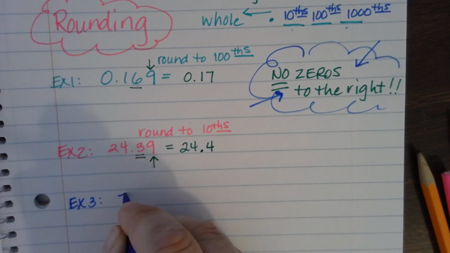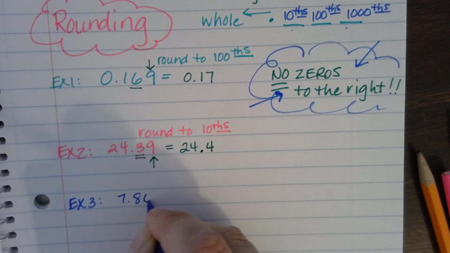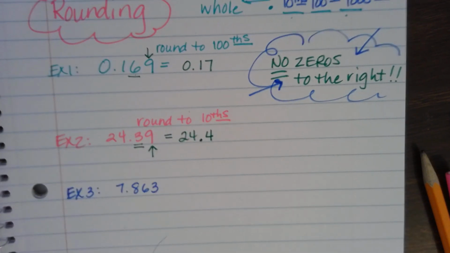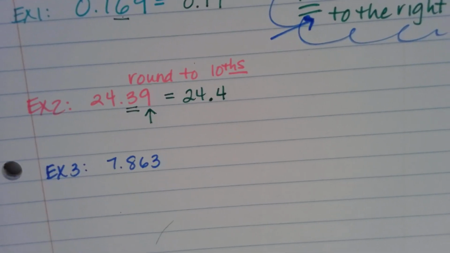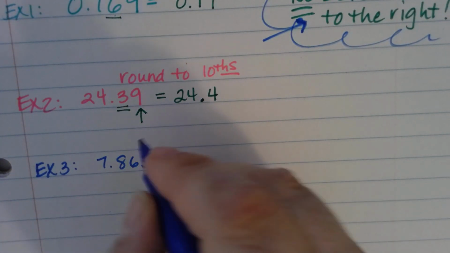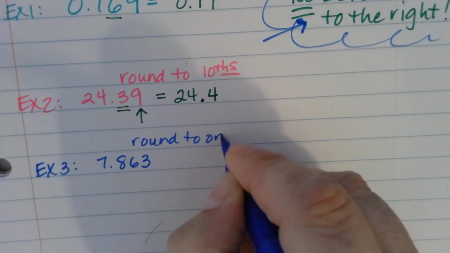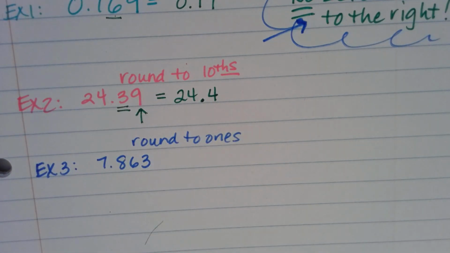Let me give you another one. If I have a number like this, you guys okay if I zoom in? Let's mark this as round to ones.